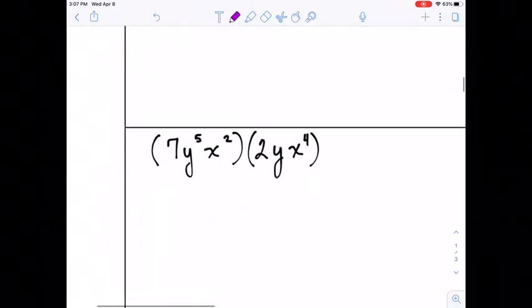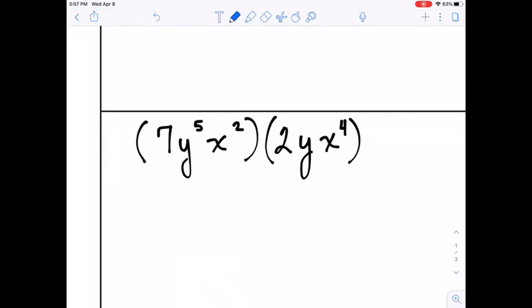So I'm going to do this example for you. Notice you have to distinguish between regular numbers and variables that have exponents. 7 and 2, regular numbers. So we're just going to multiply those. 7 times 2 is 14. We're done with those. Now I want to look at the y's. Y to the fifth.